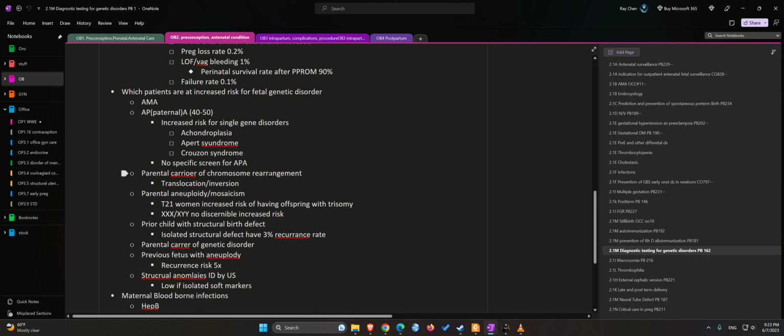The rearrangements are usually translocations or inversions. Parental aneuploidy: women with trisomy 21 have an increased risk of having offspring with trisomy. XXX or XYY has no discernible increased risk.